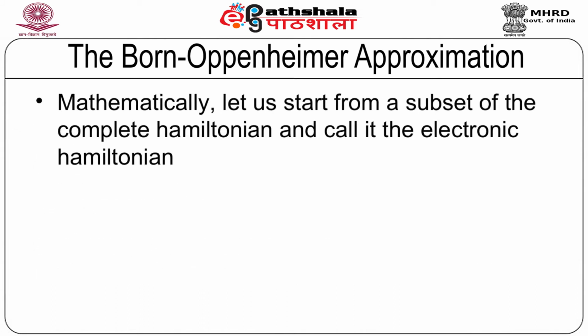Mathematically, let us start from a subset of the complete Hamiltonian and call it the electronic Hamiltonian.